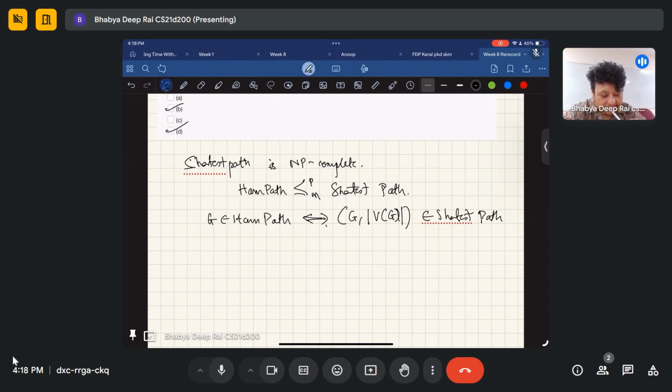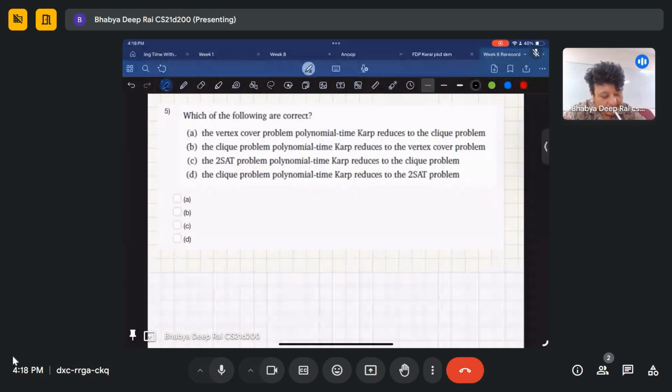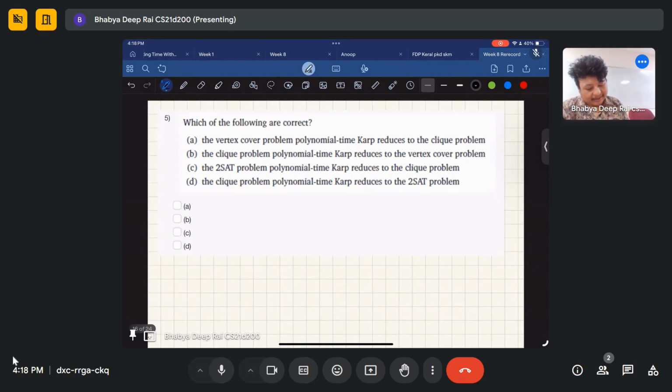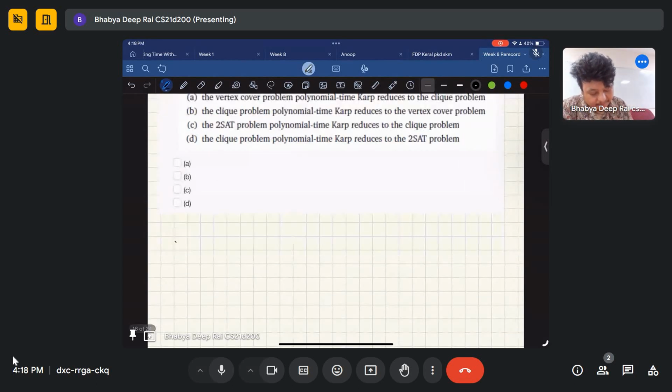So another question: which of the following are correct? The vertex cover problem polynomial time reduces to clique problem. Clique problem polynomial time reduces to vertex cover problem, to 2SAT problem, and so on. Okay. So here are the main facts.